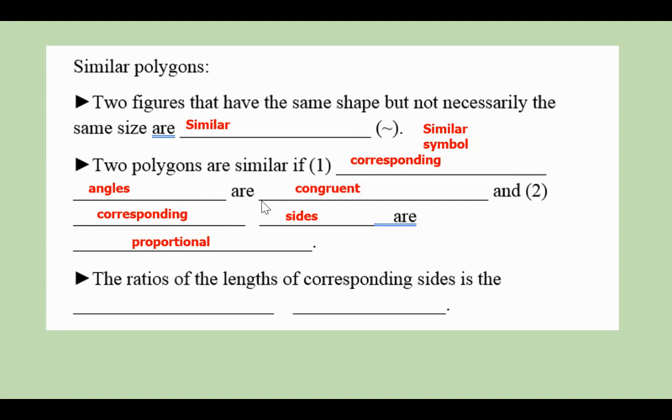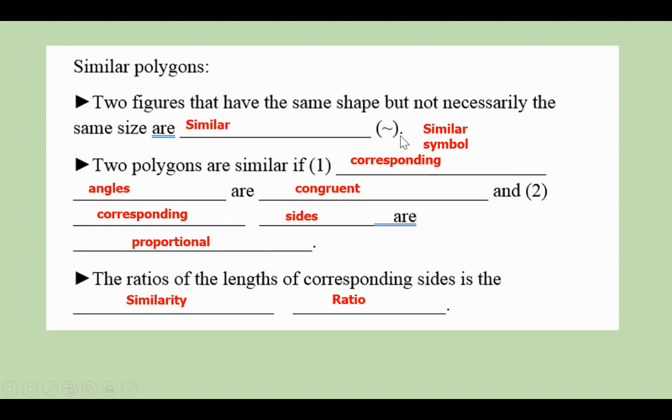That means the angles are the same, but the sides are proportional. Every side in the figure has to be proportional to the corresponding side in the other figure. We'll go through some examples in a minute. And the ratio of the lengths of the sides is what we call the similarity ratio.